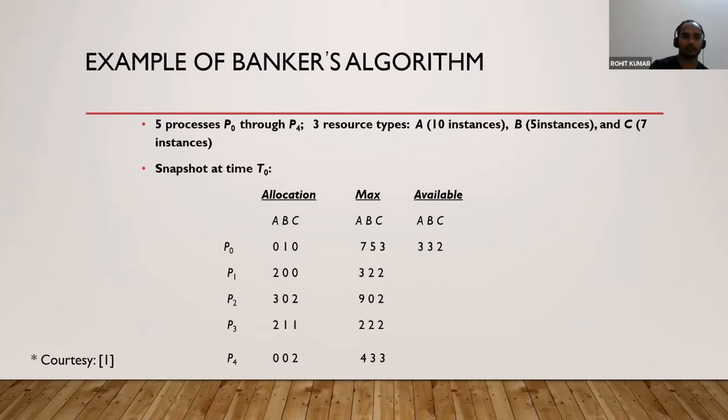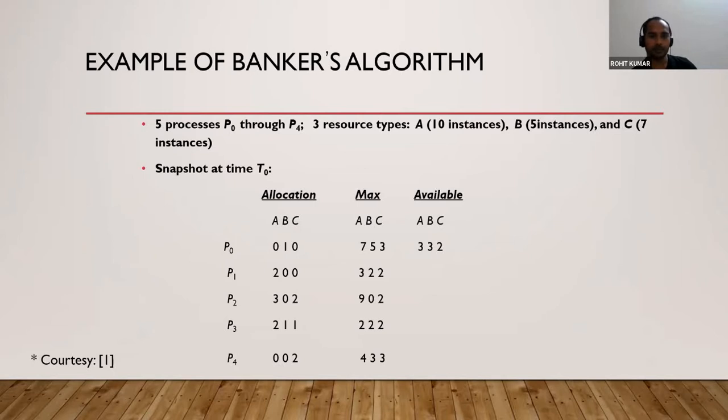Similarly, for P1, it is 1 instance of type A, 2 instances of type B, and 2 instances of type C. Then for P2, it is 6 instances of type A, 0 for B, and 0 for C. Then for P3, 0 for A, 1 for B, 1 for C. Then for P4, it's 4 for A, 3 for B, and 1 for C.